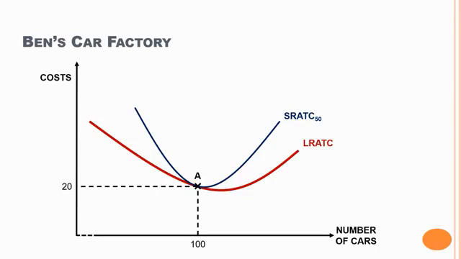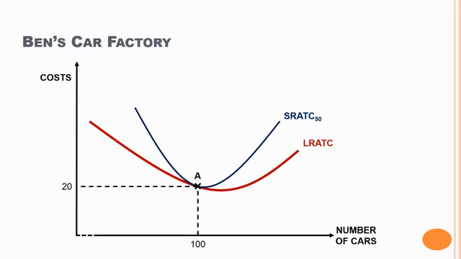So, okay, this is where we start. So that's my long run average total cost. That's the short run ATC when I have 50 machines. Let's put it differently: 50 machines is optimal to produce 100 cars. How do I see that? I see it because it is when I produce 100 cars that my short-run ATC is equal to my long-run ATC.